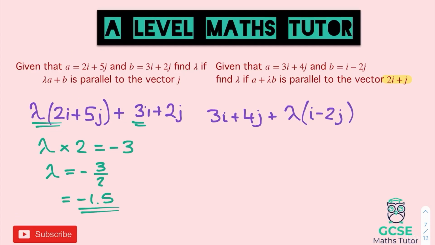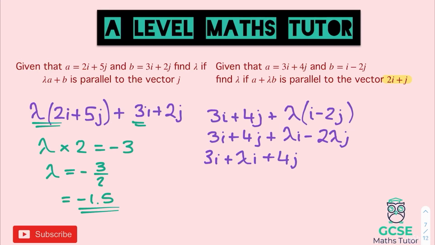Right, so if we expand that out and then group together the i's and the j's, we've got 3i plus 4j plus lambda i minus 2 lambda j. Now let's group them together: 3i plus lambda i, and 4j minus 2 lambda j.